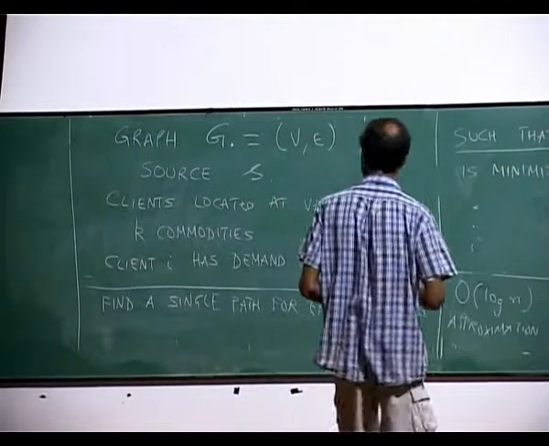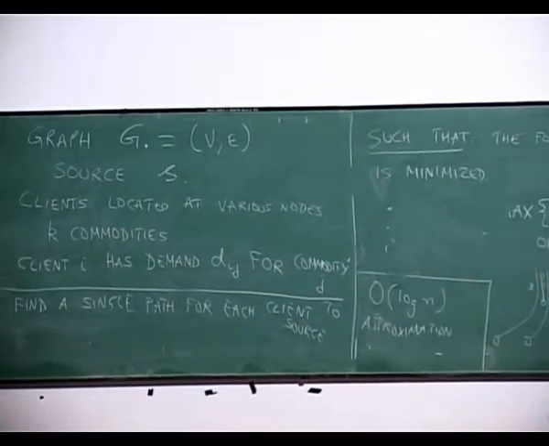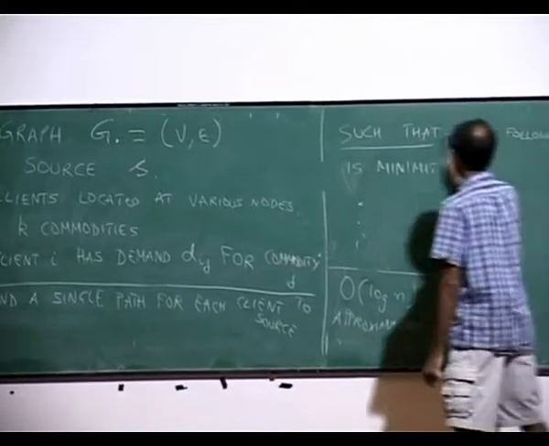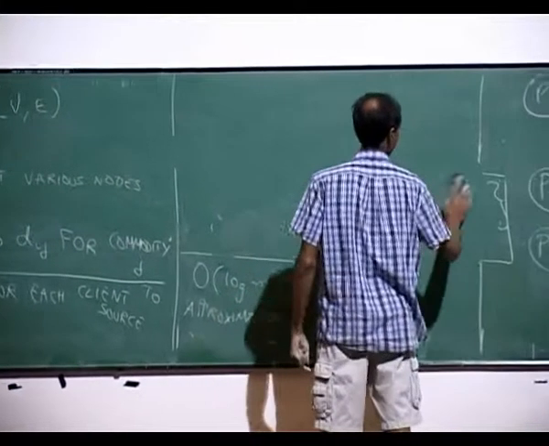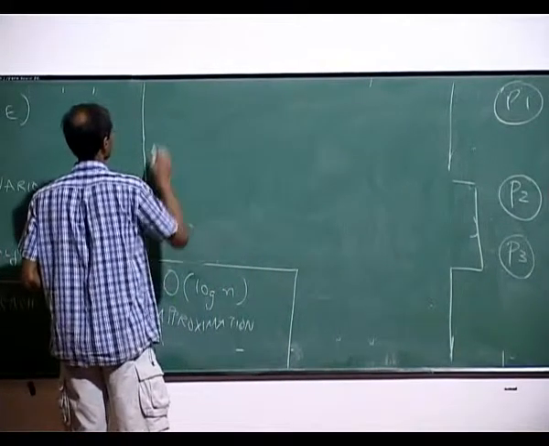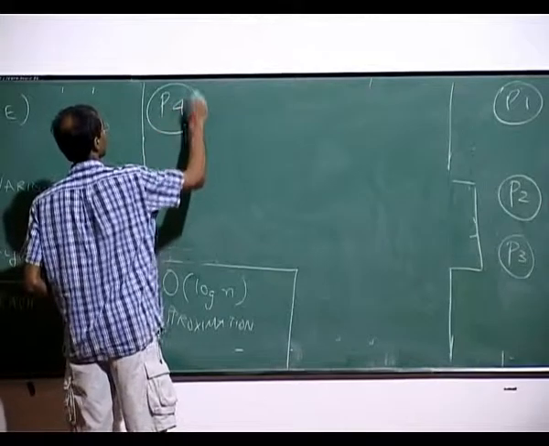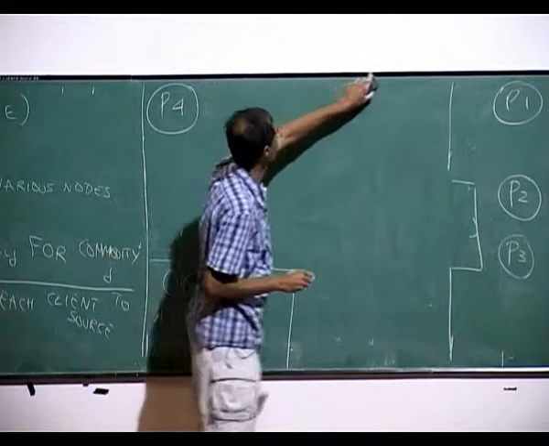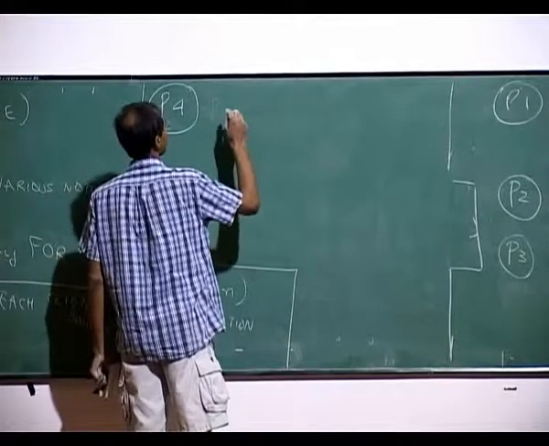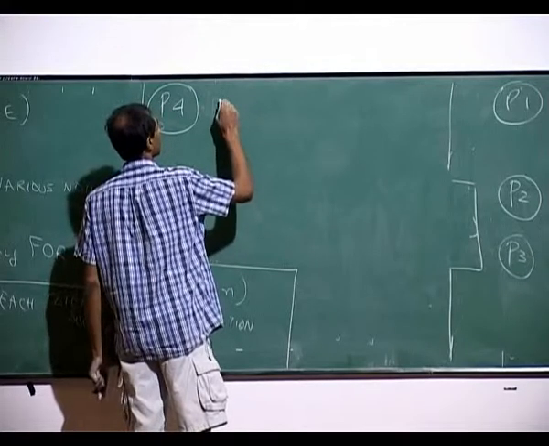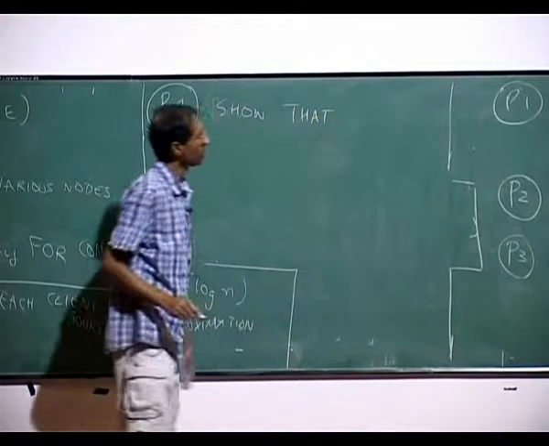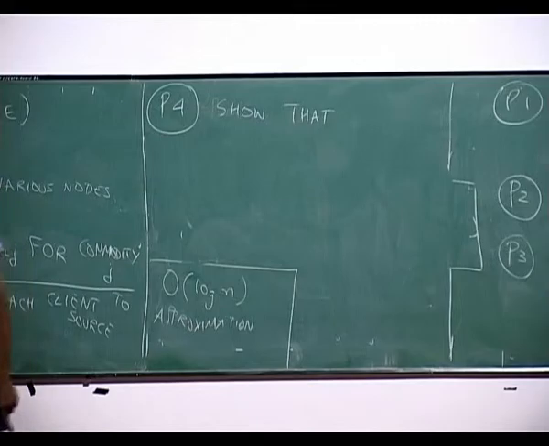Okay, that's the third problem. Now I will erase this. And the fourth problem is an improved bound for set cover. So we saw an approximation ratio.